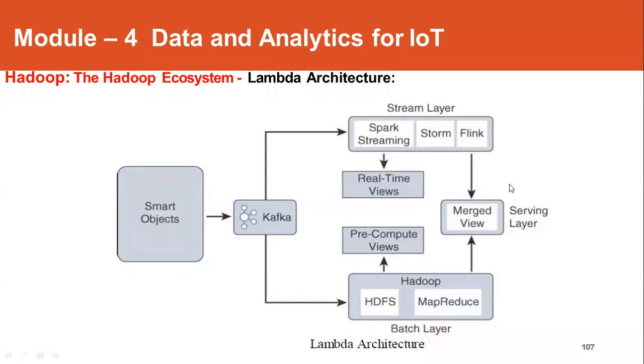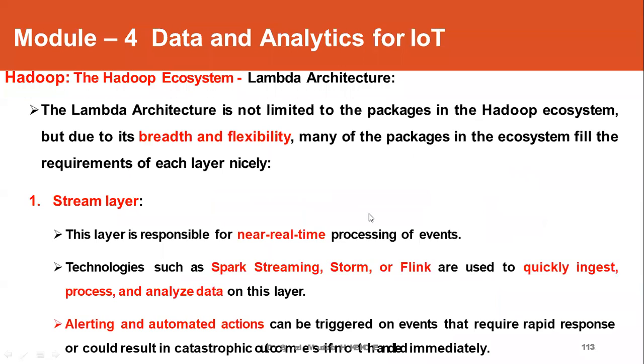So the Lambda architecture provides a robust system for collecting and processing huge amounts of data, and also provides flexibility to analyze data gathered from different sources at different rates.